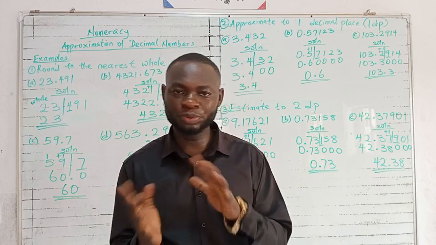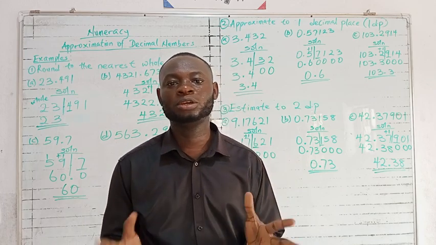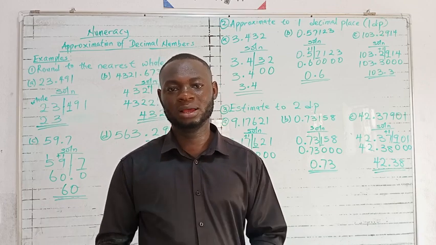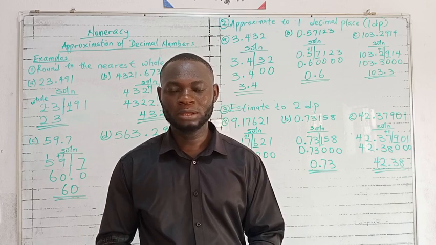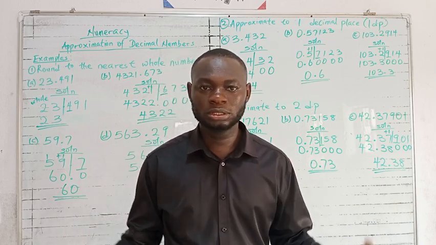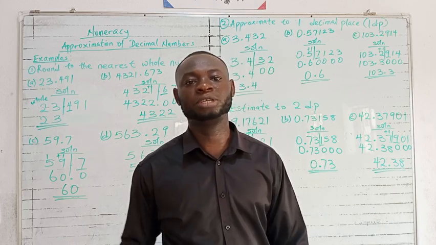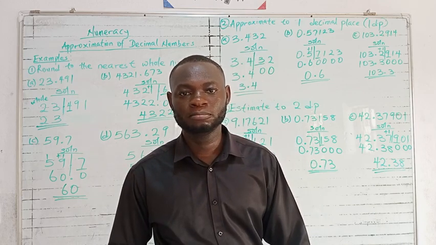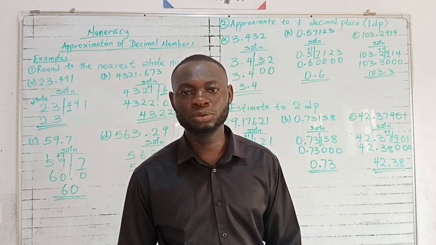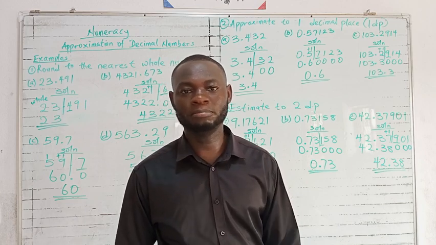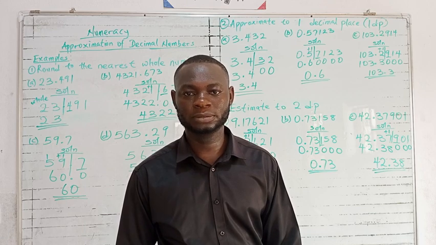Then, which group is it? It will now determine what you will have as your final answer. Okay? Now, having said all this, this is the mathematics of decimal approximation. You need to know about approximating decimal numbers.